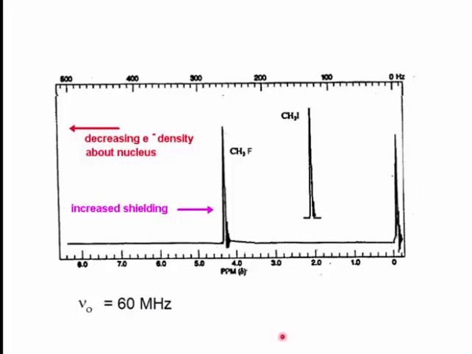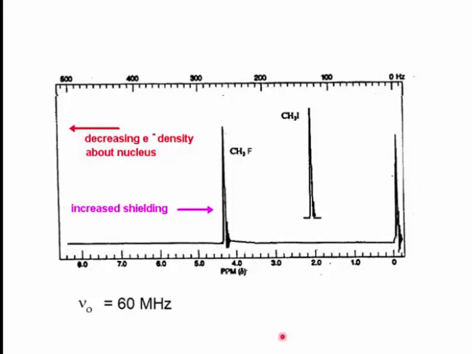And thus, the density of the electron cloud about the protons of methyl fluoride is less than the density of the electron cloud about the protons of methyl iodide. This causes the observed delta value for methyl fluoride to be higher. It causes the signal to shift to the left in the spectrum.